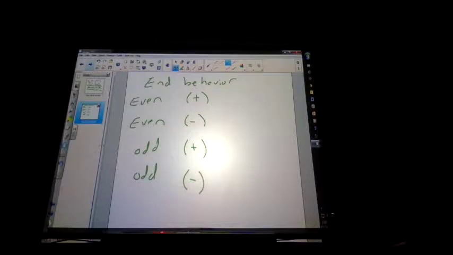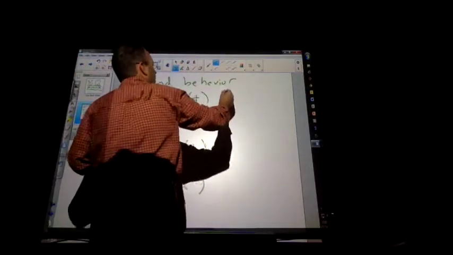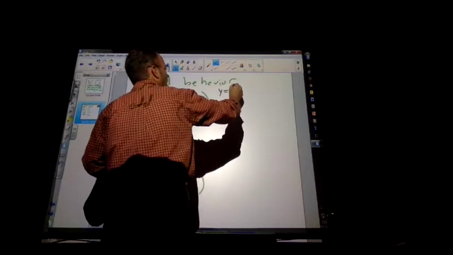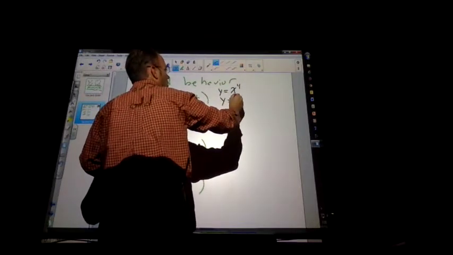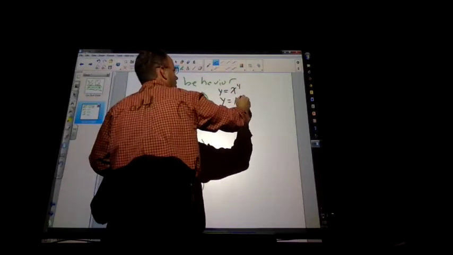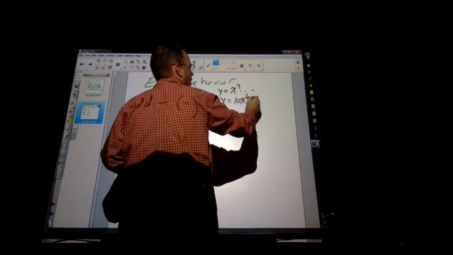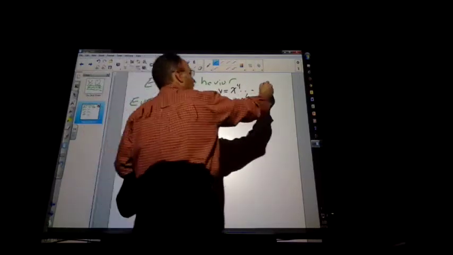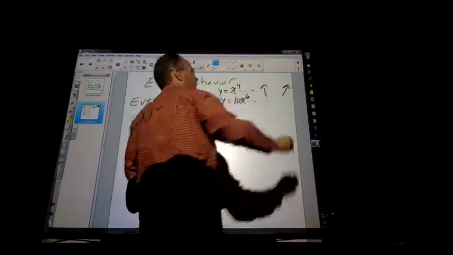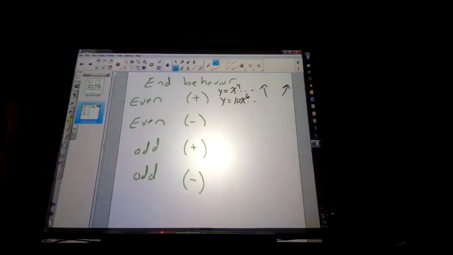If it is even, the ends are going to end in the same place, either positive infinity or negative infinity. So if you had graphs like y equals x to the 4th, y equals 10x to the 6th, and they had all this stuff afterwards, the ends of the graph are going to both go to infinity.